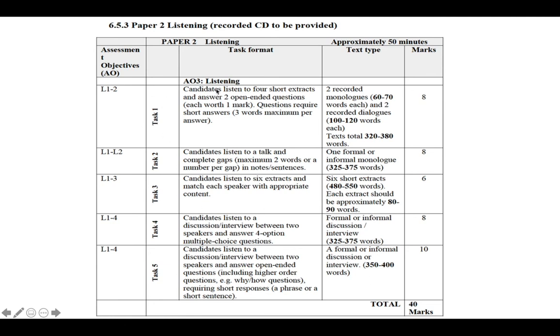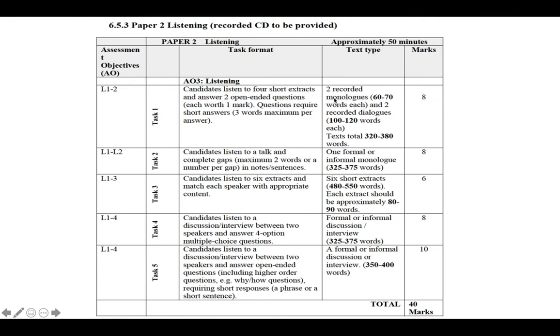So the first task is the learner will listen to 4 short extracts and answer 2 open-ended questions. Each question is worth 1 point. The questions require short answers, such as a 3-word maximum per answer. And then what type of listening will they do?